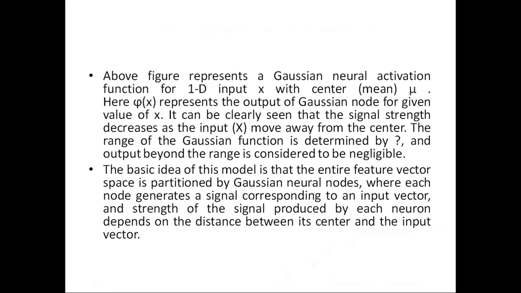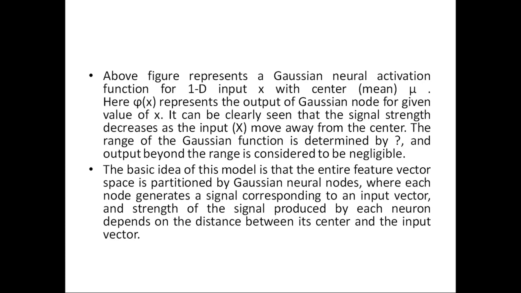The basic idea of this model is that the entire feature vector space is partitioned by Gaussian neural nodes. Because the input we represented is a vector, the entire feature vector space is partitioned by Gaussian neural nodes, where each node generates a signal corresponding to an input.